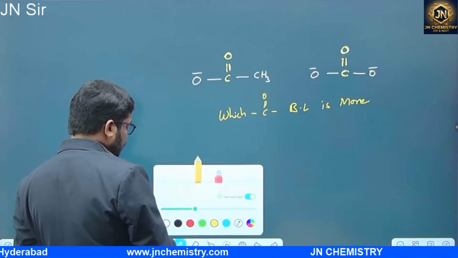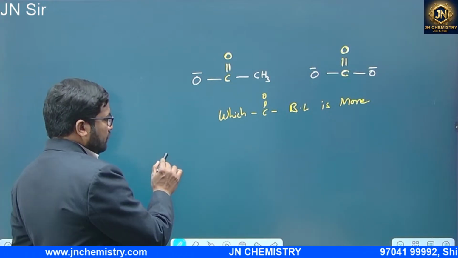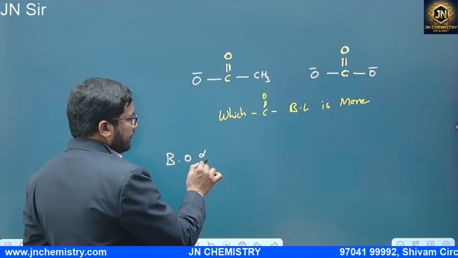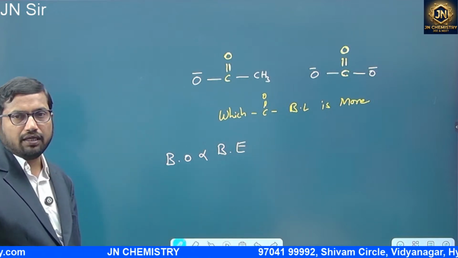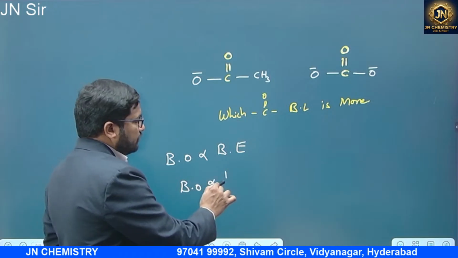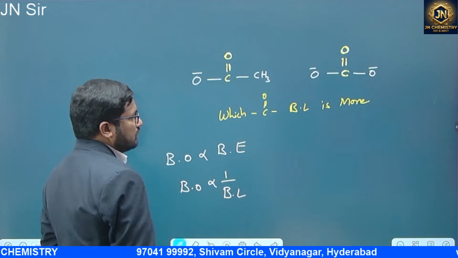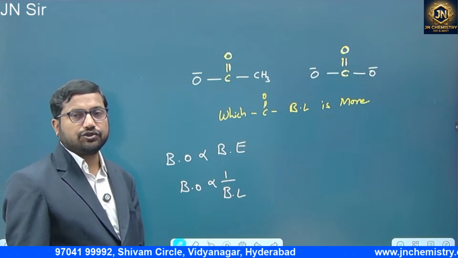For this we need to know the bond order. So bond order is directly proportional to bond energy, and bond order is inversely proportional to bond length. So in case of inorganic cases, how should we find out the bond order?